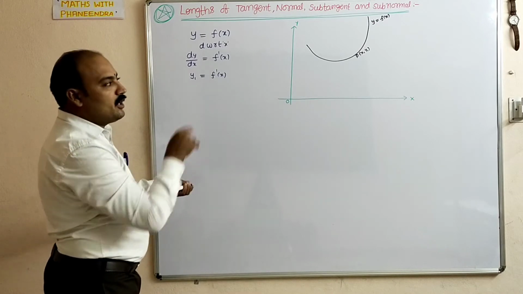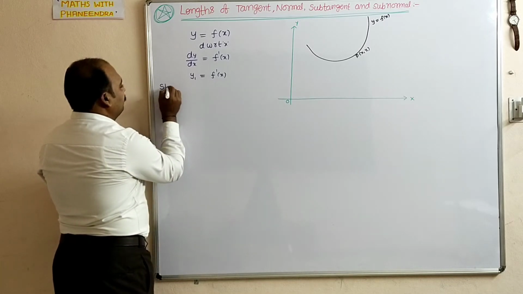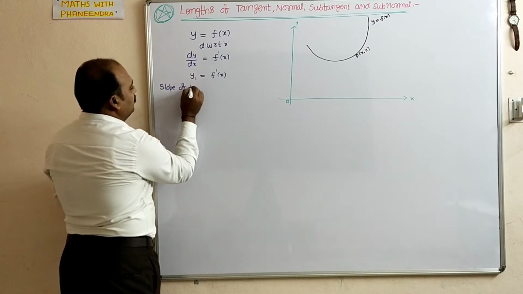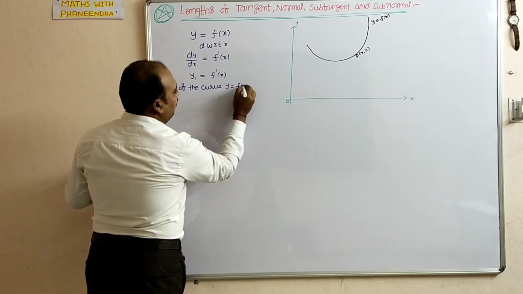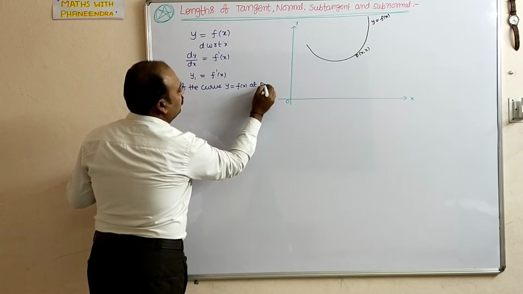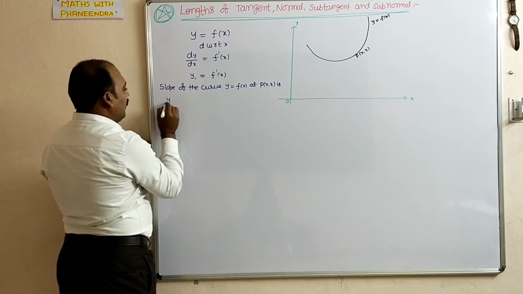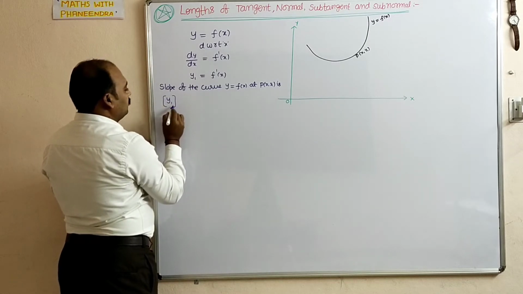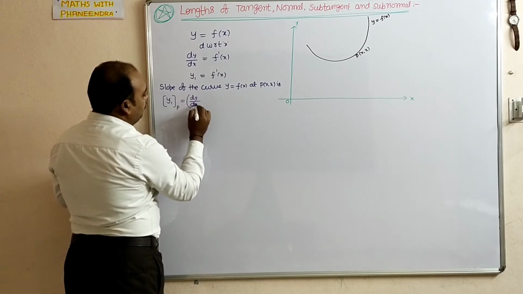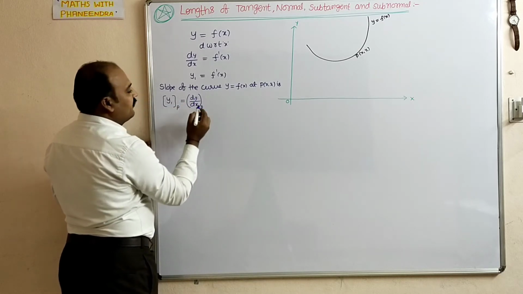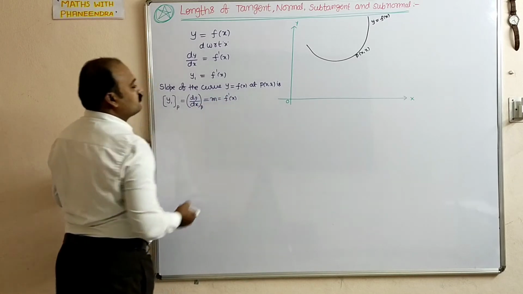Slope of the curve y is equal to f of x at the point P of x1, y1 is, we can denote like this, y1 at P or dy by dx at P. P means here P of x1 y1, which is equal to f dash of x.